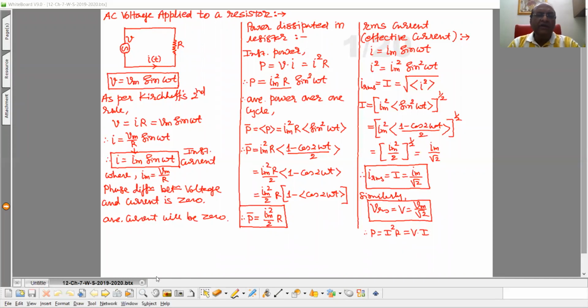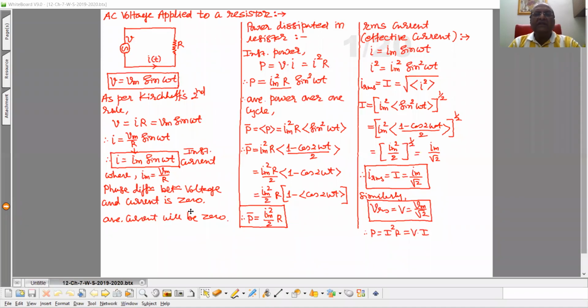Now here the average current in the circuit is 0, but it doesn't mean that the power dissipated here is 0. Power is I square R, so power depends on the square of the current. So it will not be 0.